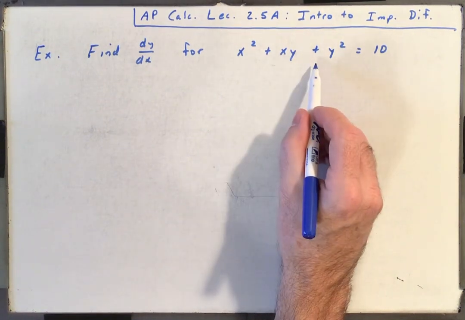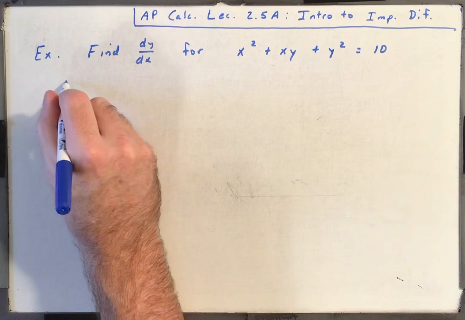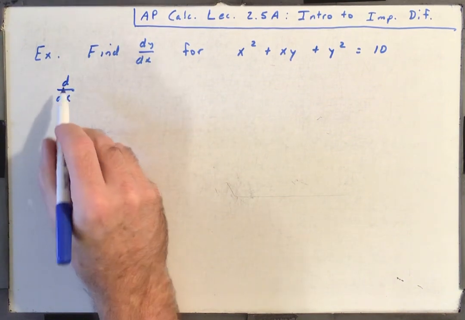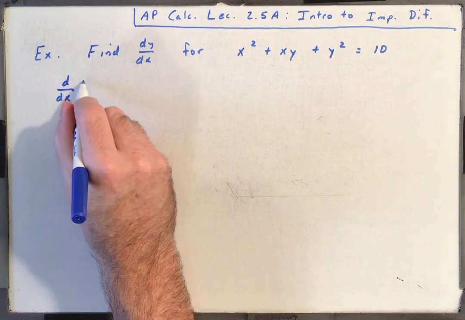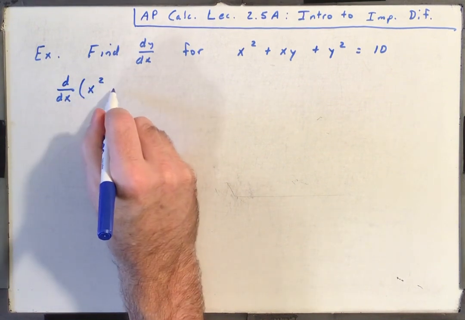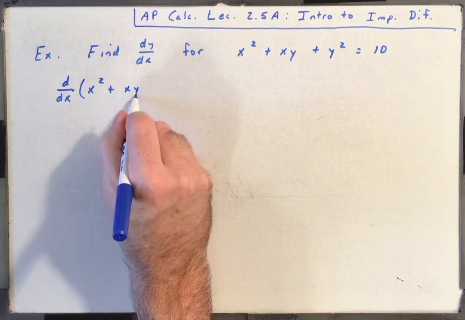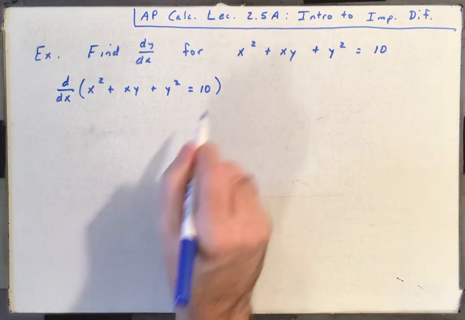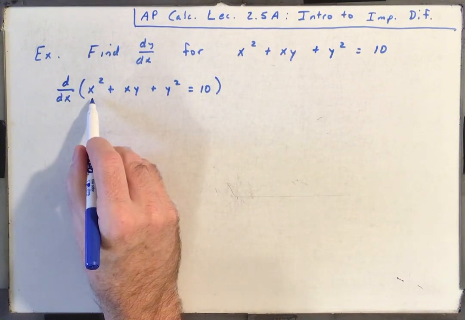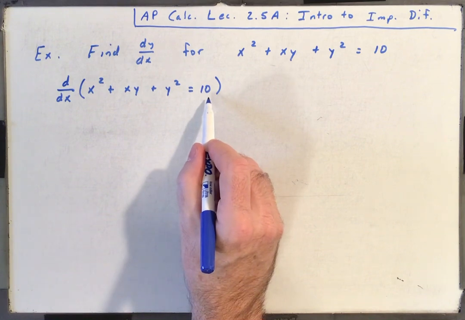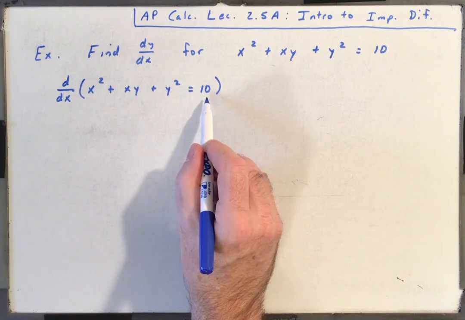That's not a function, it's a relation. So I'm going to invoke our verb, take the derivative of both sides, x squared plus xy plus y squared is equal to 10. So you're taking the derivative, this is the way we write it, of each component in this relation.